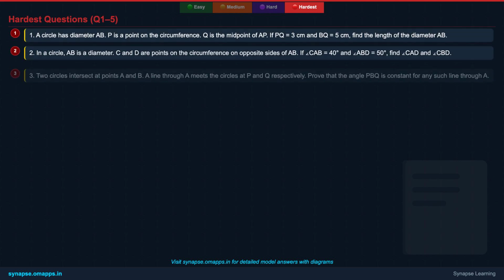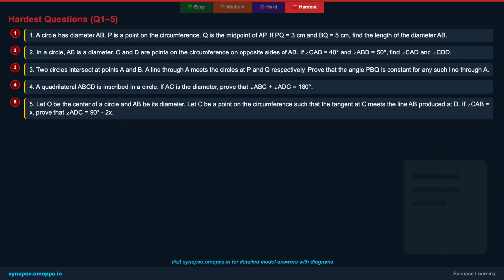All right, prepare for the ultimate challenge with these hardest level questions, from 1 to 5. These problems demand critical thinking, combining multiple geometric concepts, and sometimes even a touch of algebra or trigonometry. For question 1, consider the relationships between chords, radii, and right angles formed.